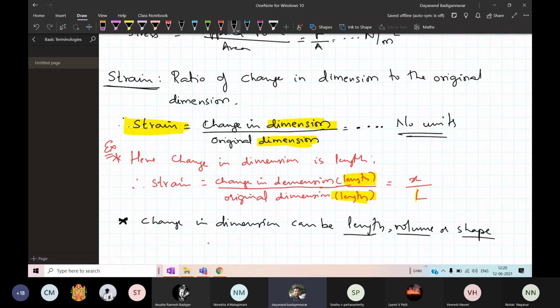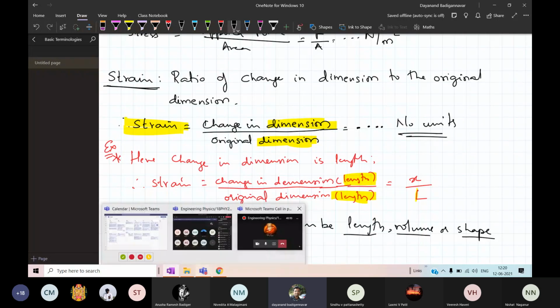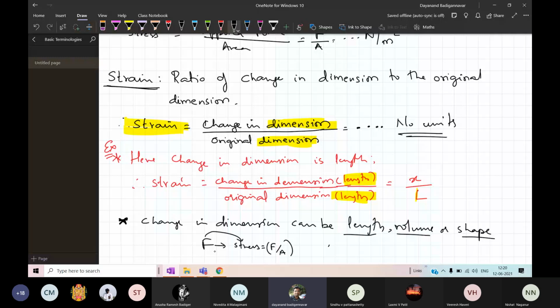Now, keep in mind, again, I'm telling you, when you apply a force, this force creates a stress. Stress means it is force per unit area. Therefore, force and stress are synonymous of each other. If I say stress, actually I am talking of force. This stress or force will change the dimension.